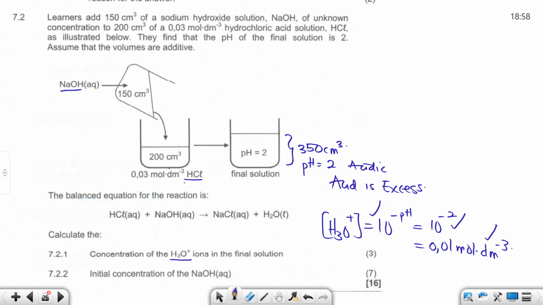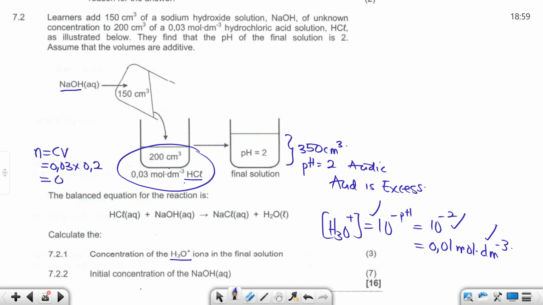All right. Can we now walk through this? Please listen. I want you to follow me. For us to have gotten this pH, it was the excess. What was the original number of moles here? n equals CV, which is 0,03 times 0. Guys, remember, we don't work in cm cube.